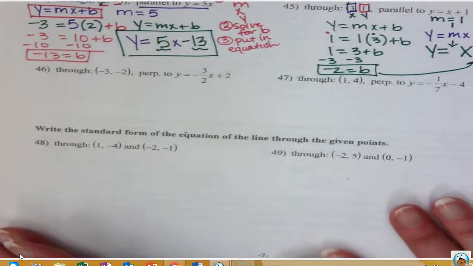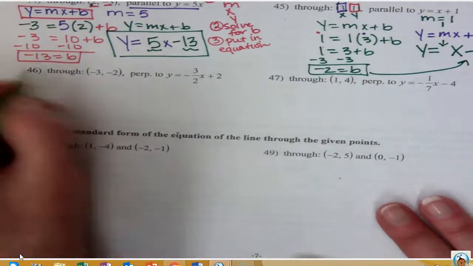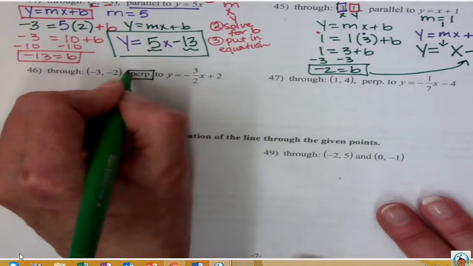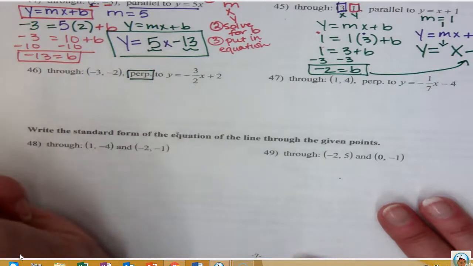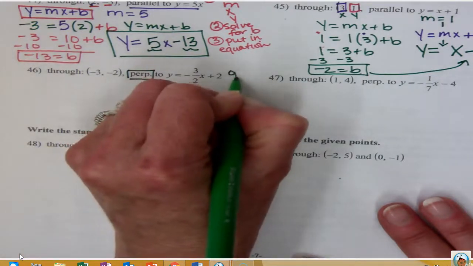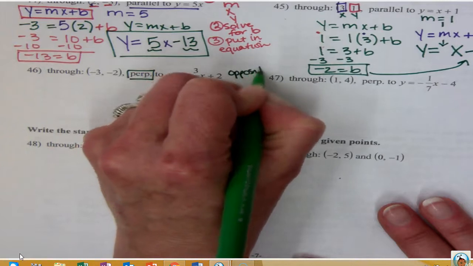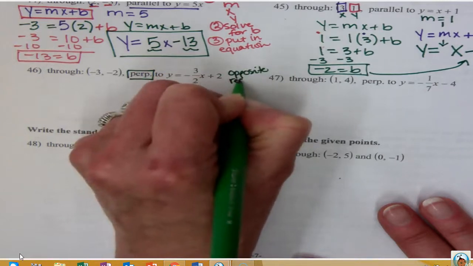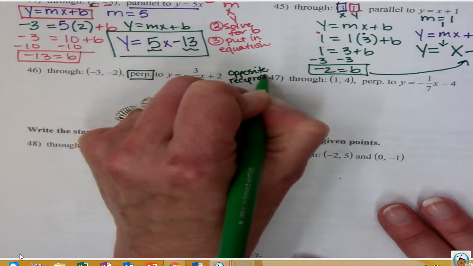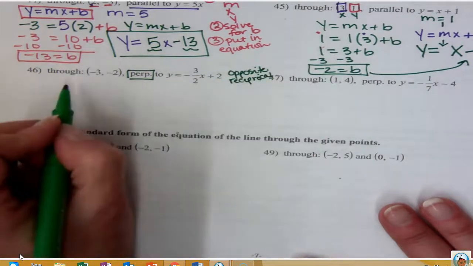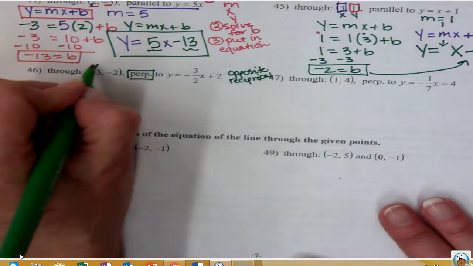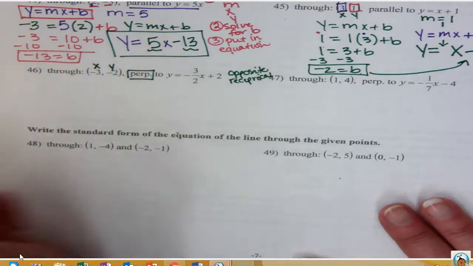Alright, moving on. Now we've got perpendicular. We know that for perpendicular lines, the slope is not the same, but it is the opposite reciprocal. So this is my x, this is my y, and I'm going to do the exact same thing.